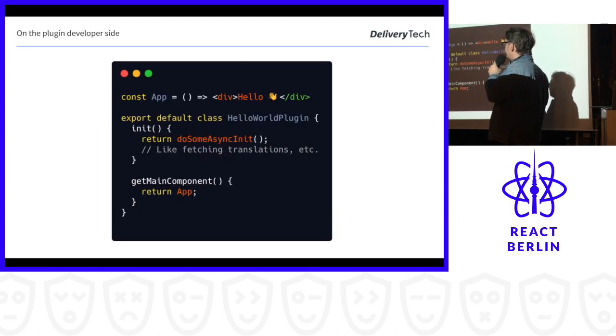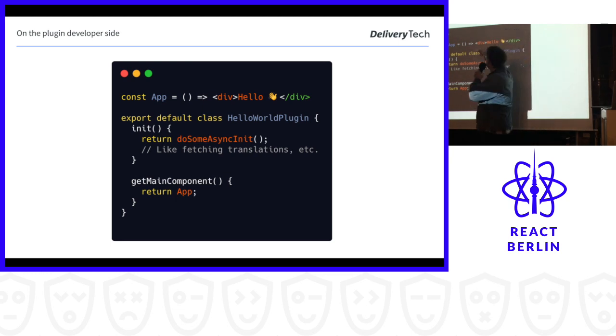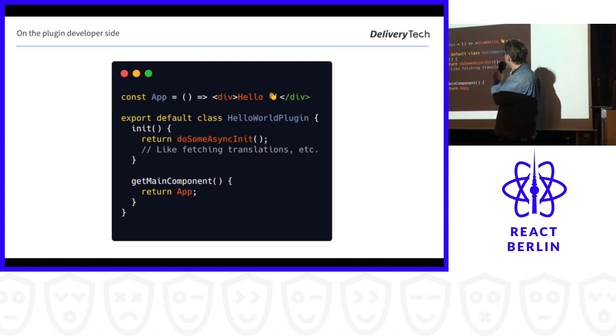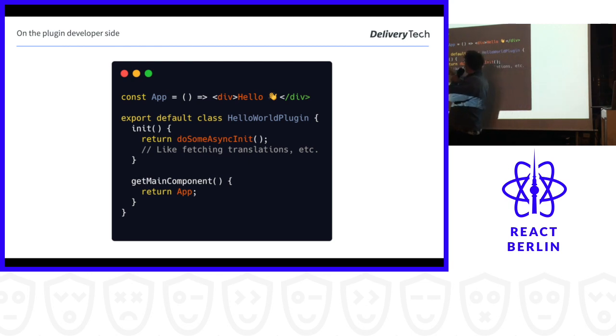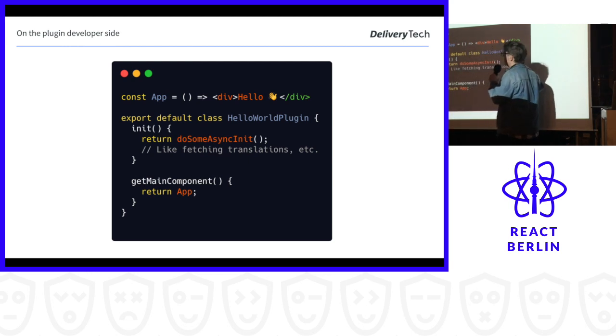Then on the plugin developer side, it is a little bit like just writing a normal React app. You have this app, let's say it just prints out hello, and what we invented was this class, which has some async initialization function. So this is called initially. You can load your things like translations, everything is async, and after this is finished, it will render the plugin.